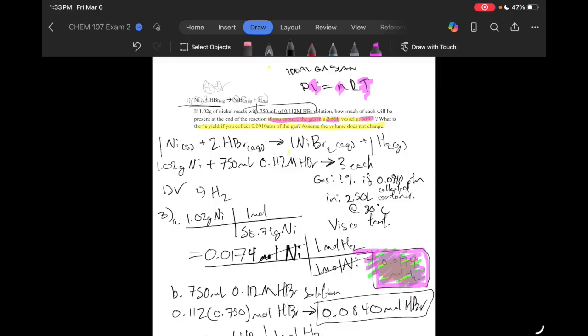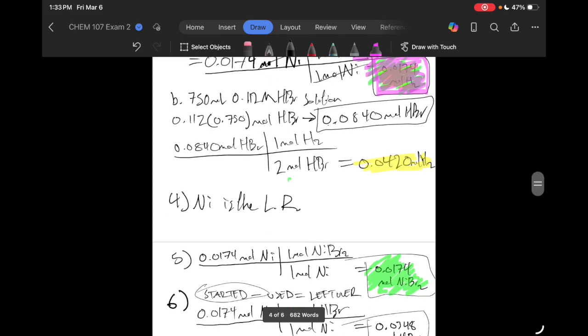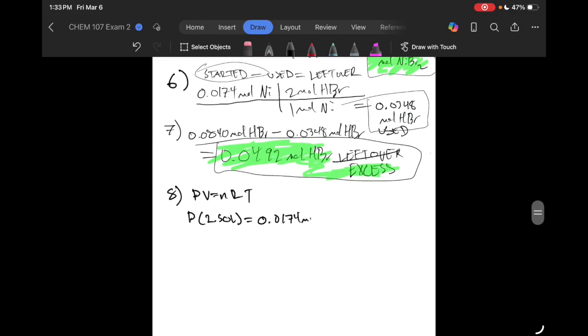Okay, so going back down, step 8. PV equals nRT. We're just going to substitute the values that we already know. So P times 2.50 liters is equal to the moles, which was 0.0174 moles of hydrogen gas, times our gas constant, 0.08206 liters times atmospheres over Kelvin times moles.